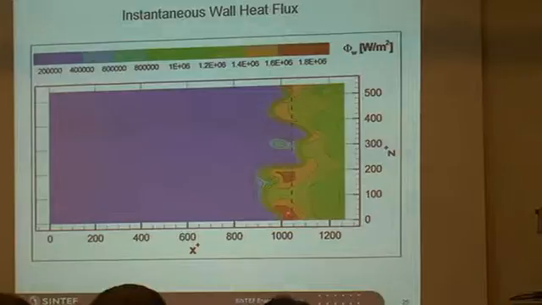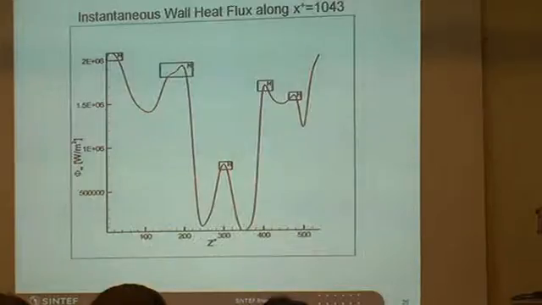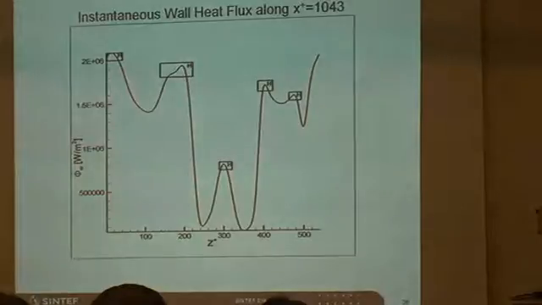These colors, look at the scale here. It's megawatt per square meter. So you have large variation, of the order of 2 megawatts per square meter, in the wall heat flux.